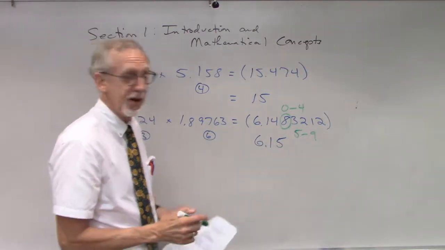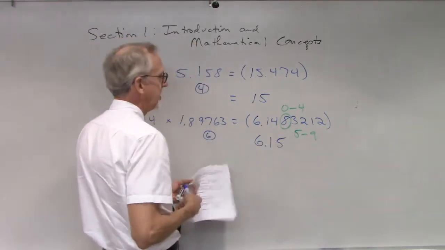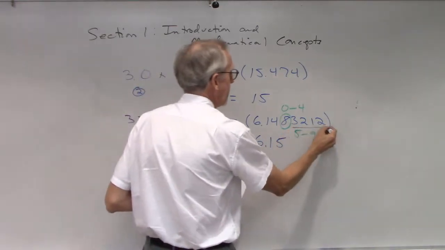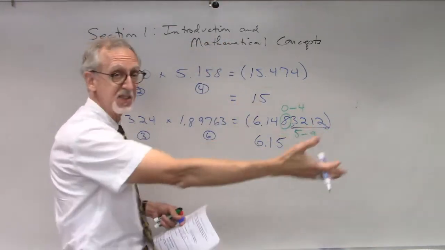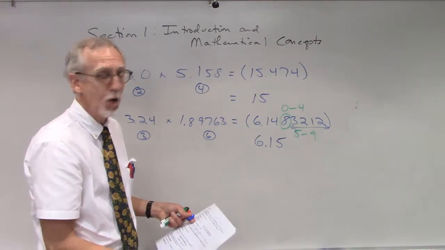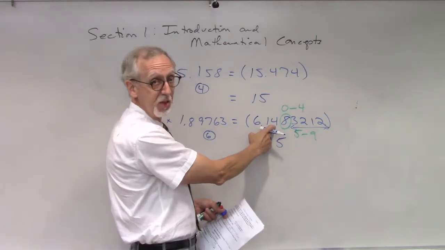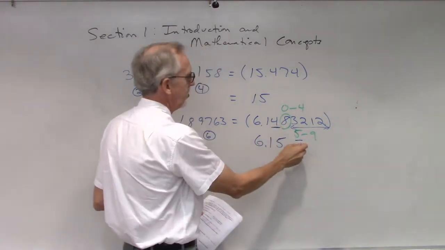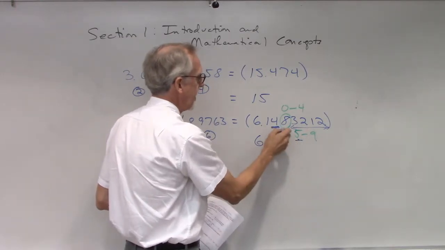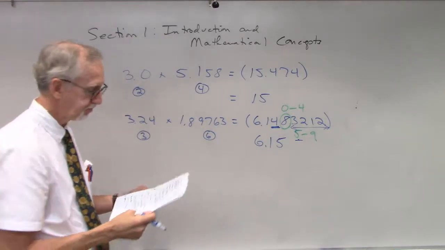The way I think about it is if it's a 5, that's right in the middle, but these digits out here are probably not all exactly 0. You've probably got some digits way out there somewhere, which actually makes that number closer to the higher number than the lower number. So I'll always say 5 rounds up. So 5 to 9, round that digit up. So in this case, what do we get? 6.15. Okay.